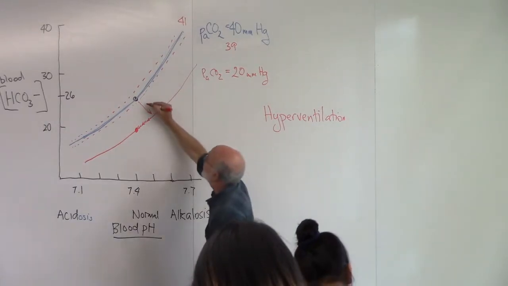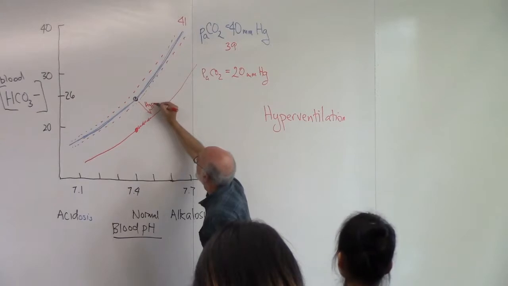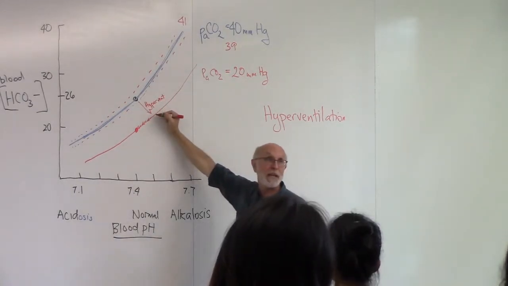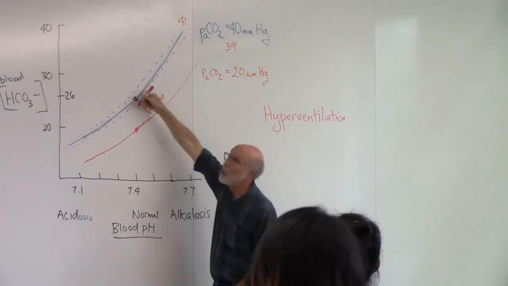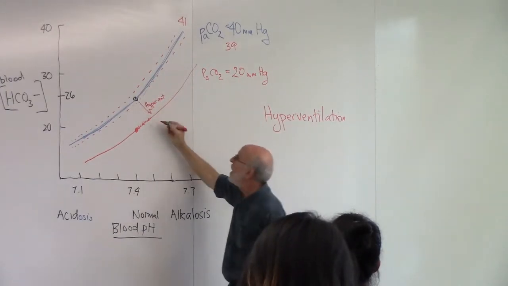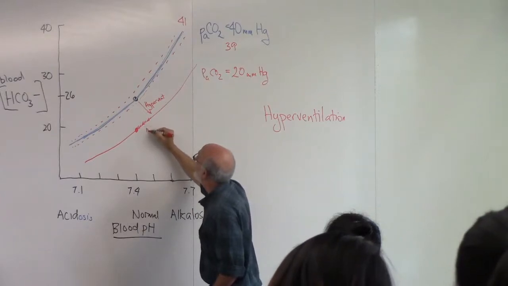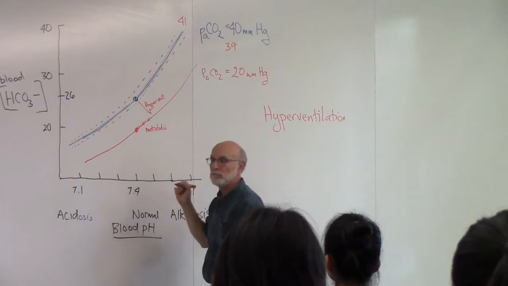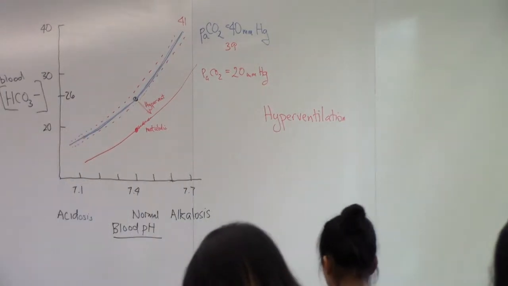So this is hyperventilation. This arrow represents hyperventilation, moving from the normal curve to the hyperventilation curve. And these arrows represent metabolic, what do I use in the figure? Metabolic compensation.